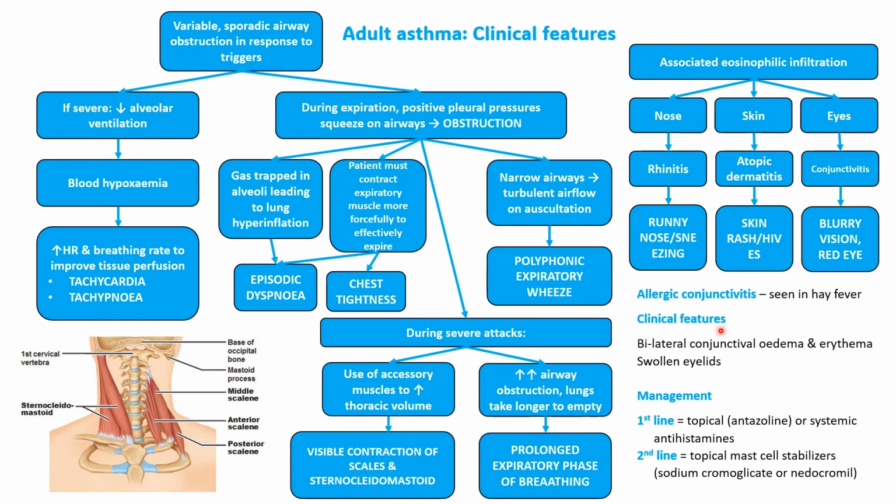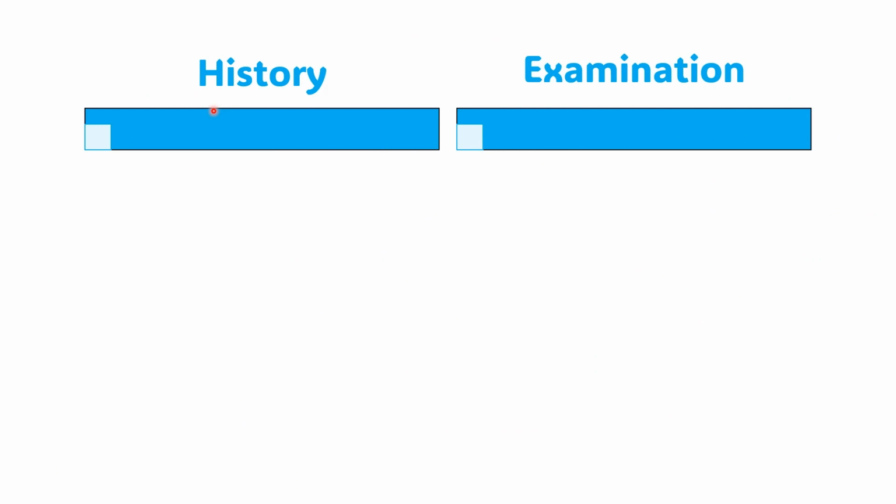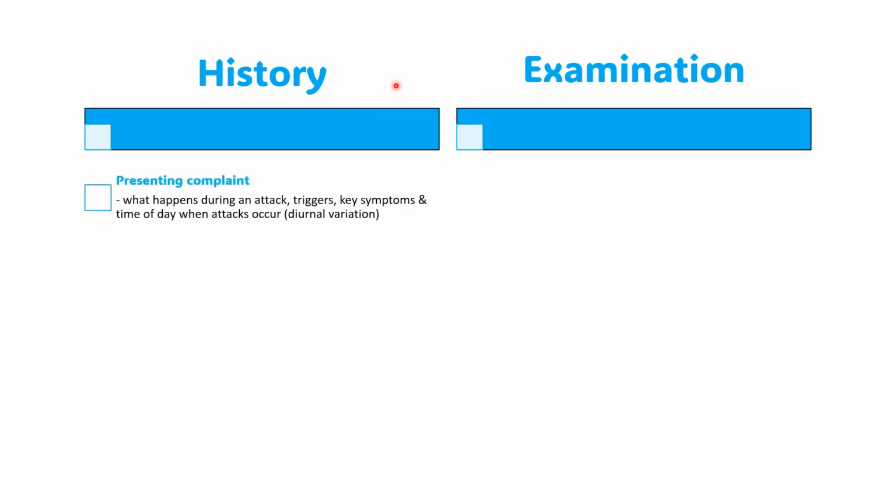So let's talk about asthma in terms of what to ask about in the history, and also what to think about when you're doing a physical examination. And in terms of the history, it's important to get all of the details because of that paroxysmal nature of the condition, because it happens in short little bursts, what you might miss. Okay. And the main symptoms to ask about are cough, because you can have cough variant asthma where they present primarily with a cough, wheeze, shortness of breath, and chest tightness.